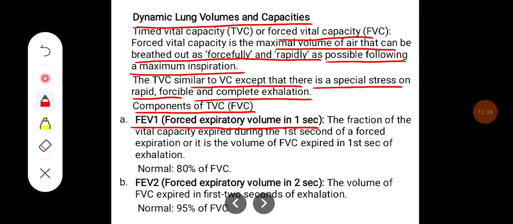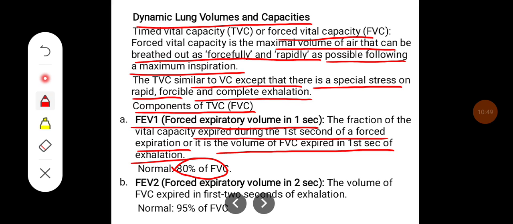It is the fraction of the vital capacity expired during the first second of forced expiration, or the volume of FVC expired in the first second of exhalation. Normally 80% of the air is expired in the first second, so it is around 80% of the FVC. And FEV2 is the forced expiratory volume in 2 seconds, the volume of the forced vital capacity expired in the first 2 seconds of exhalation.